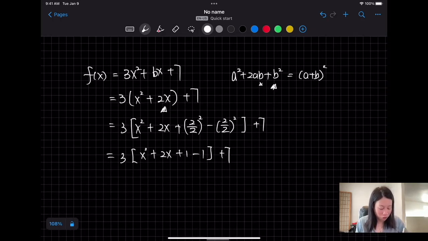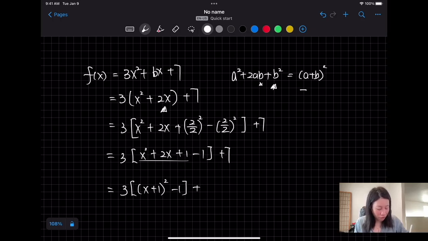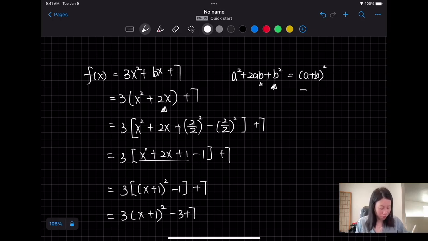So the first 3 terms give me the perfect square that I want. This equals x plus 1 squared and minus 1. Now let's simplify it. When we simplify, I have 3 times x plus 1 squared minus 3 plus 7.